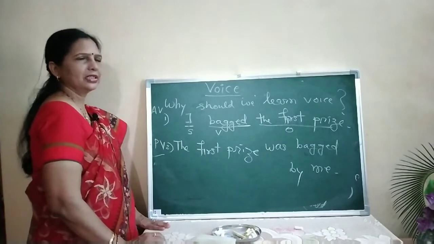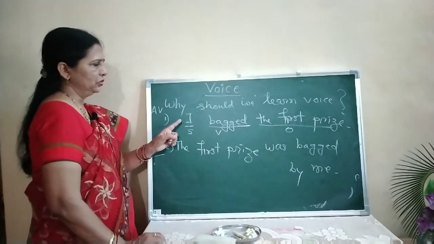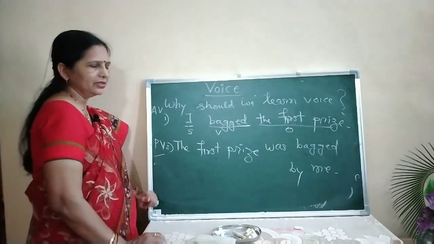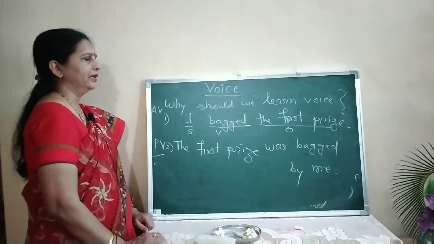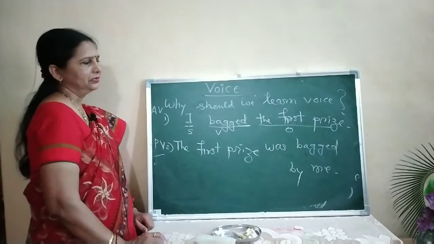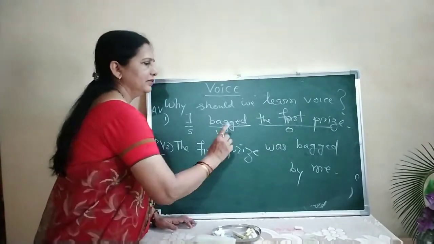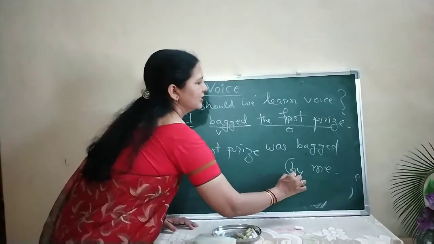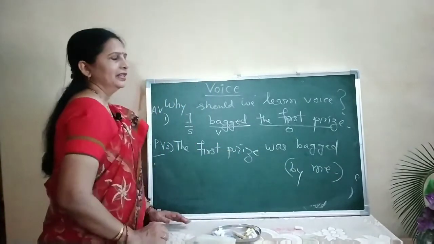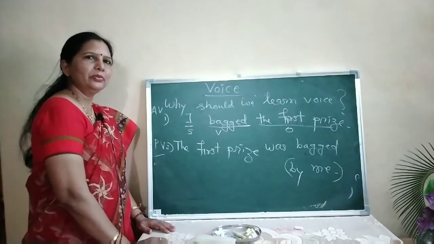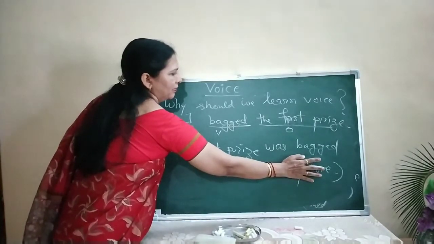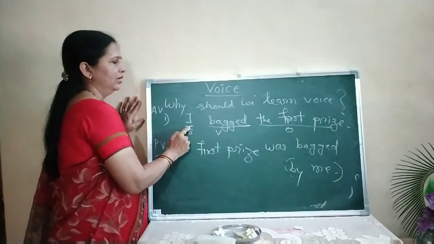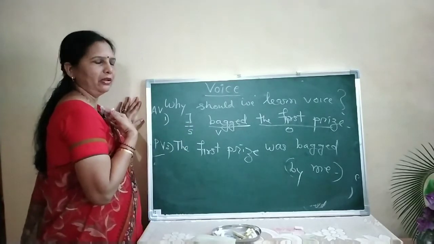Think of the answer for a second. You will use this one or this one. Which is better? See, I told you that suppose you cancel this, then also the sentence is meaningful. The first prize was bagged. बघा, या वाक्याचा अर्थ काय? मी पहिलं बक्षीस मिळवलं.